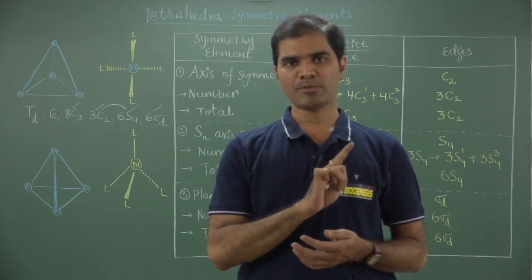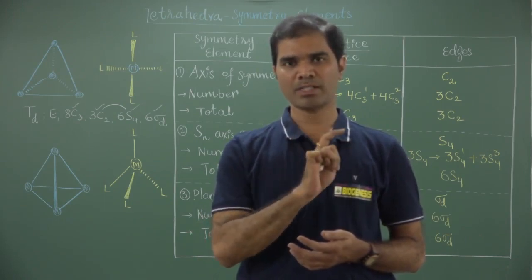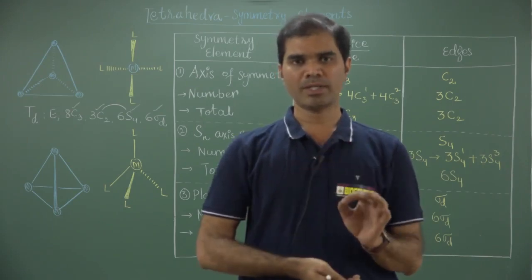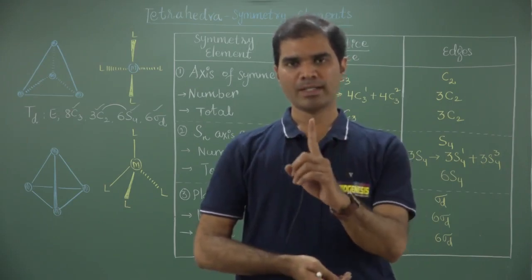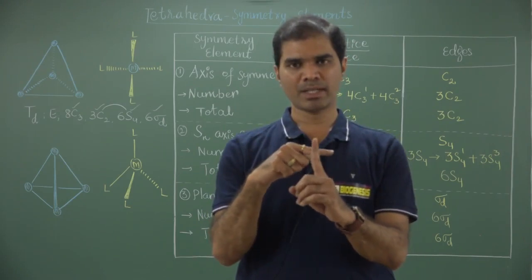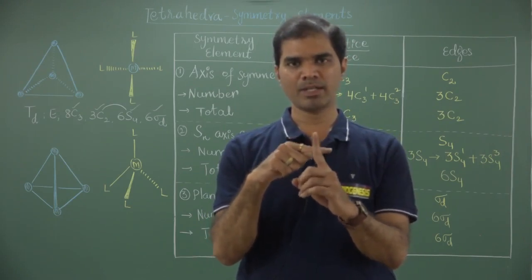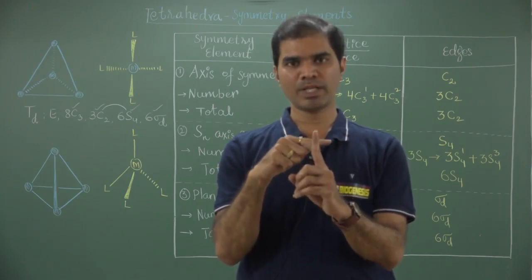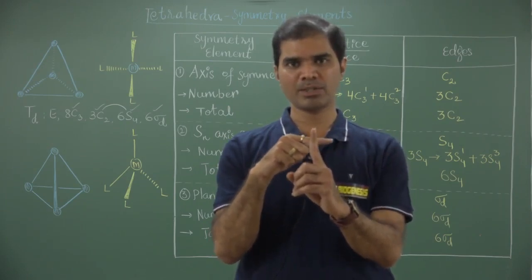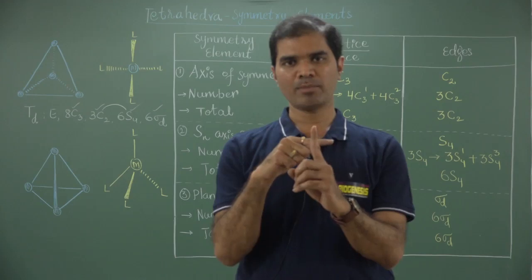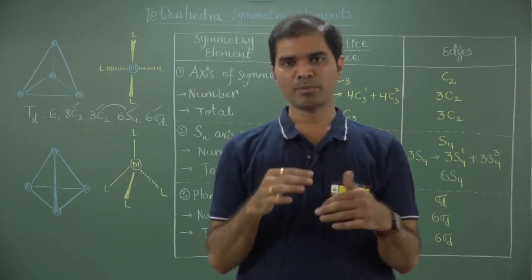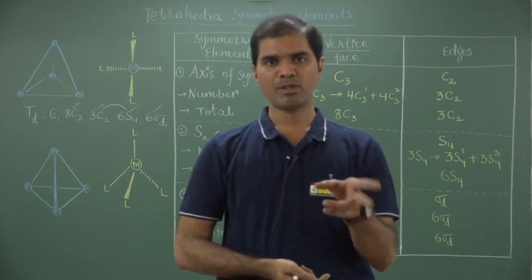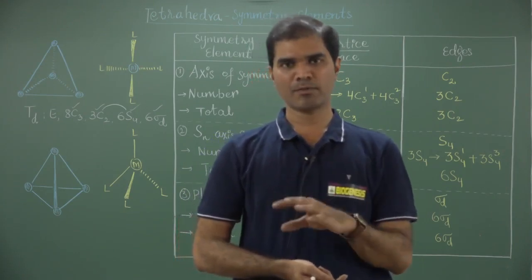Collinear to C2 is S4. So from wherever we are trying to pass a C2, from there you try to pass an S4. One logic I will tell you here: for an edge, if there is an opposite edge which is staggered to it, they are perpendicular to one another. So if there is a Cn, there will be S2n present. That Cn is a C2. Then S2n will become S4. For C2, S4. Suppose there are 2 edges that are staggered, and if there is a C3 possible, there will be S6, C4, S8, C5, S10.